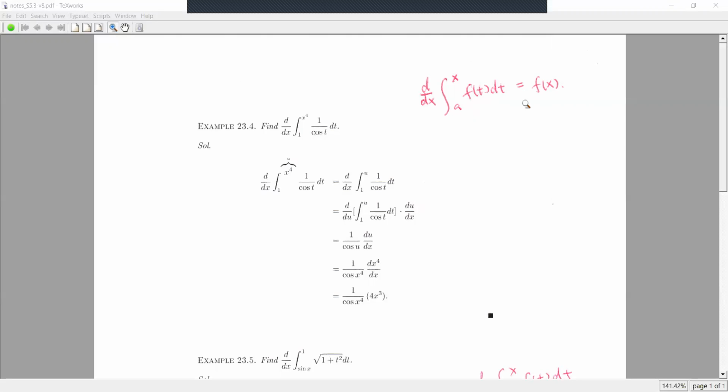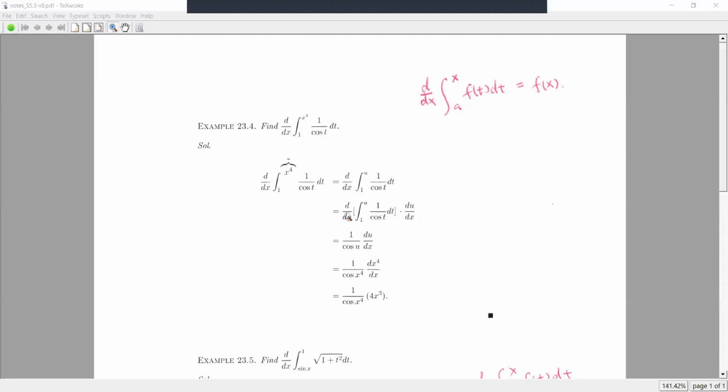Still, I cannot apply this formula to this derivative, because the formula requires here is x and here is also x, the same variable. But in this derivative, the upper limit is u and here is x. They are different. Now to overcome this difficulty, I insert du in the denominator here.